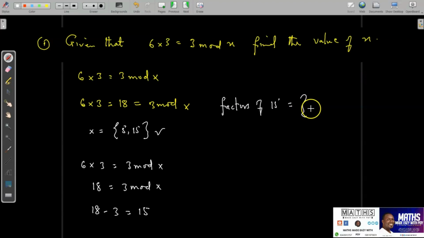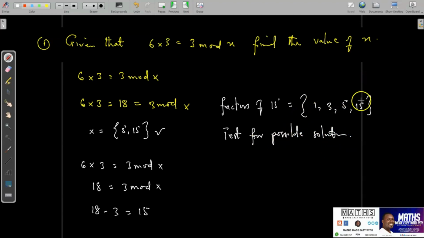We have 1, 3, 5, and 15 itself. Very good. Then after getting the factors of 15, you test for possible solutions.